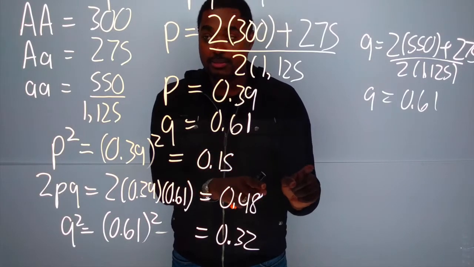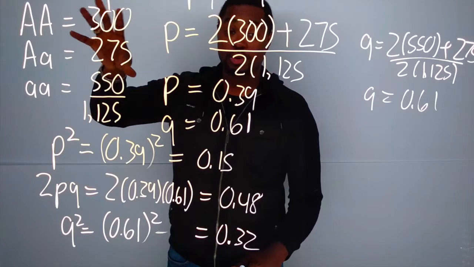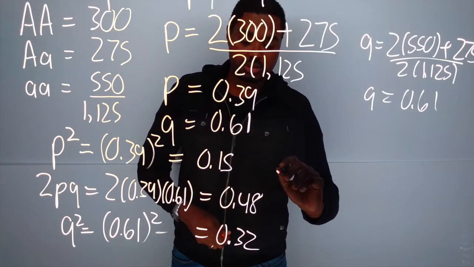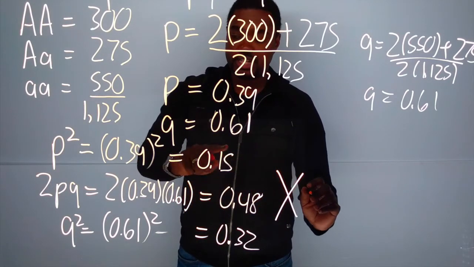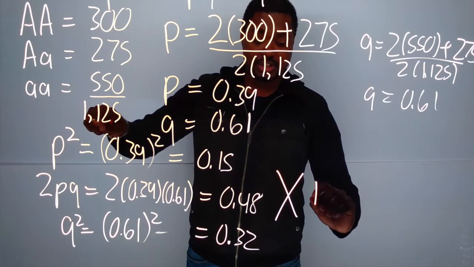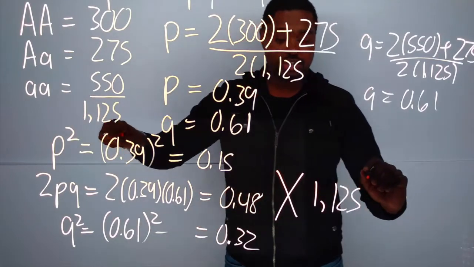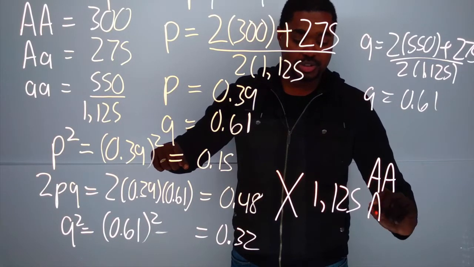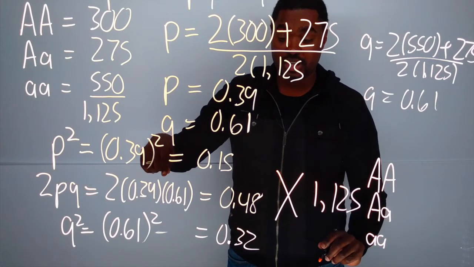If we take these numbers now and multiply each of them by the total number of individuals in the population, 1,125, it should give us the expected number of individuals that we would see in this population, assuming it's in Hardy-Weinberg equilibrium.